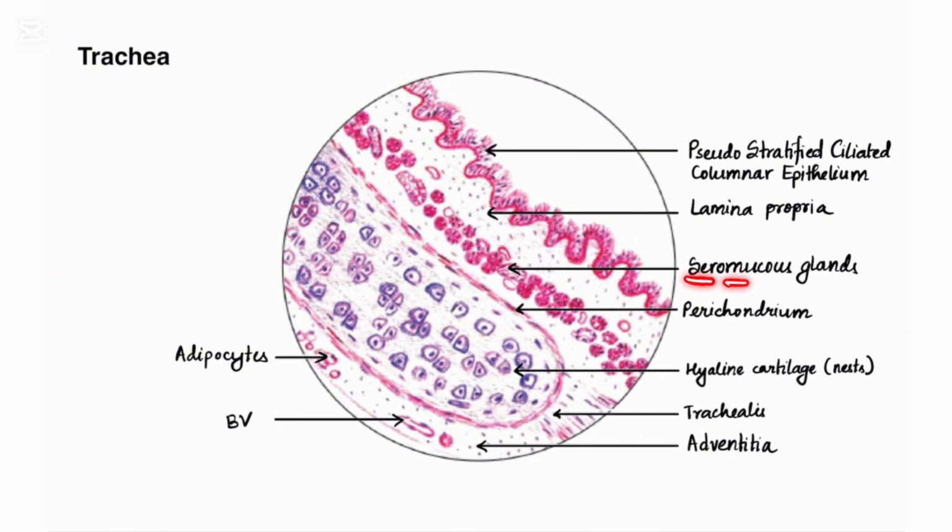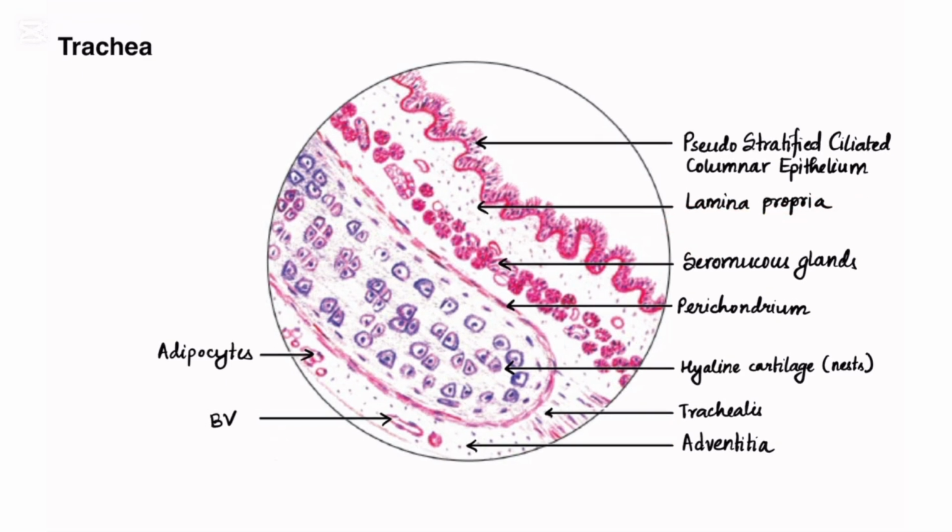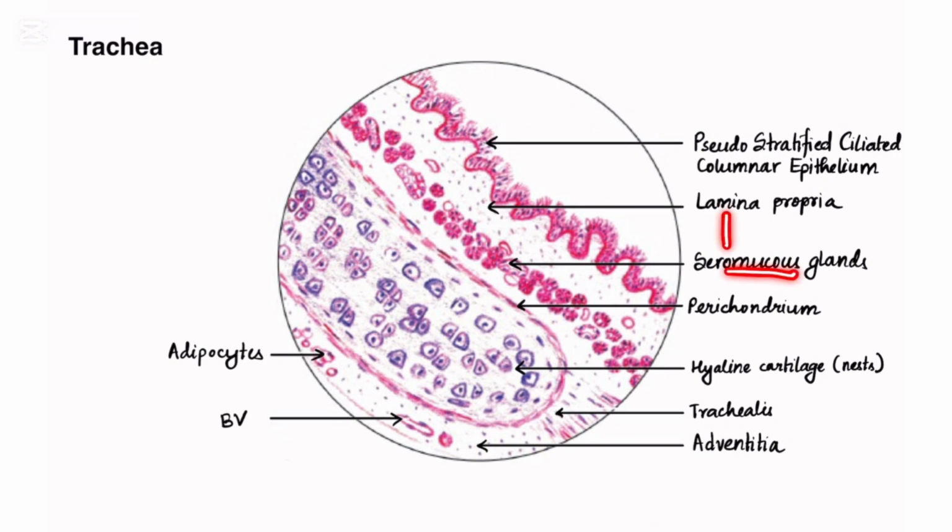These are seromucous glands. Remember, serous glands, they are filled with serum. That is why they are seriously stained. That is, they are stained dark. On the other hand, mucous glands during the preparation of the slide, the mucus gets washed out.